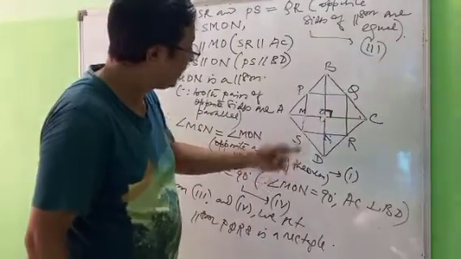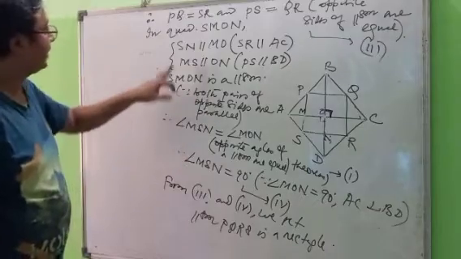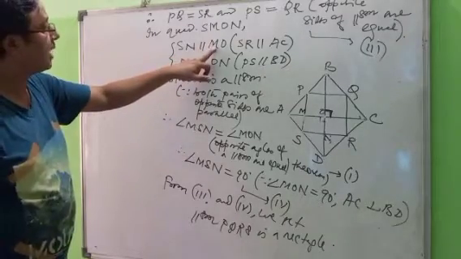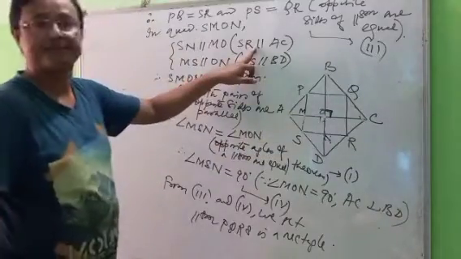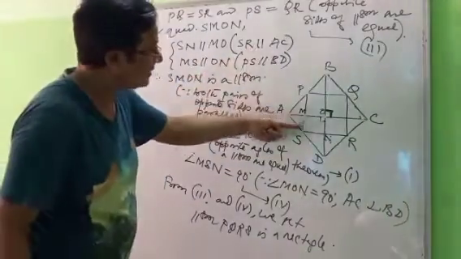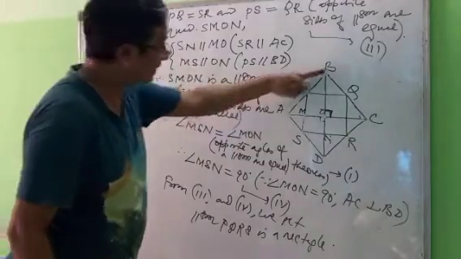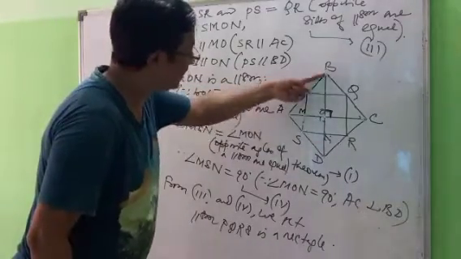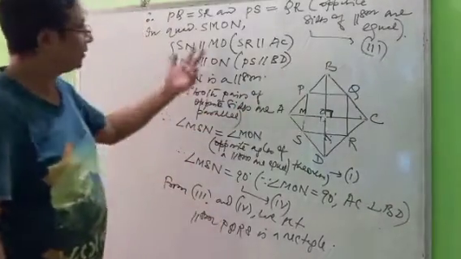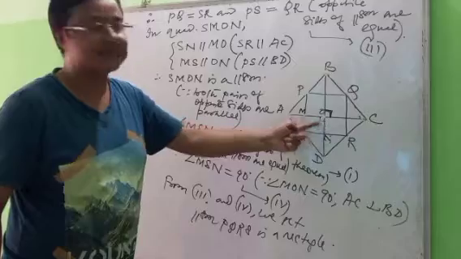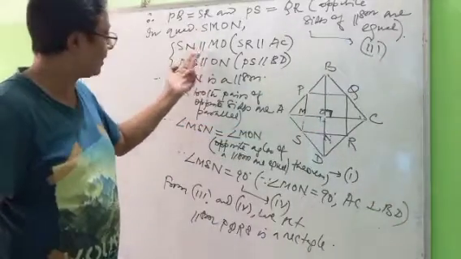How? SN is parallel to MO, because you made SR parallel to AC. Then MS is parallel to ON. How? Because in this triangle, PS is parallel to DB. That is through the midpoint theorem. So both pairs of opposite sides are parallel.